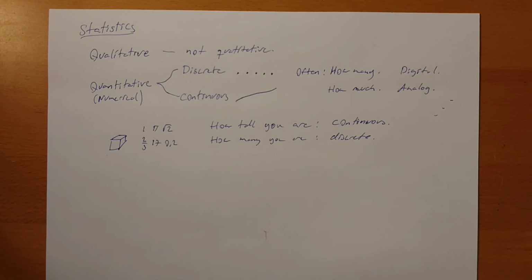Quite often, when it comes to qualitative data, you store it in a computer as quantitative things, so to speak, as numbers. You, for example, say that a Volvo is 1, Ford is 2, Koenigsegg is 3, and so on, and you store numbers instead of the name of the car.